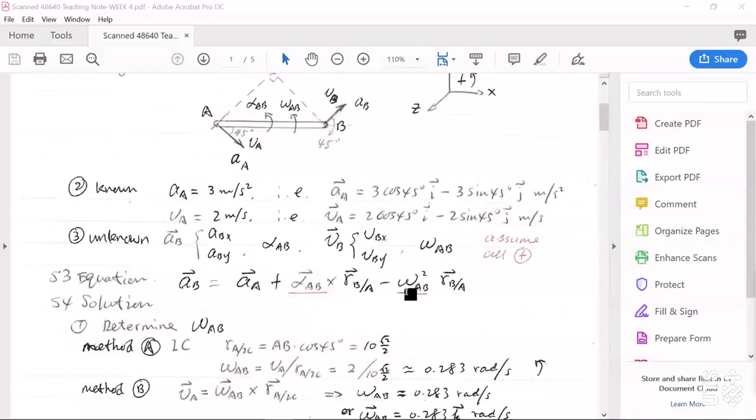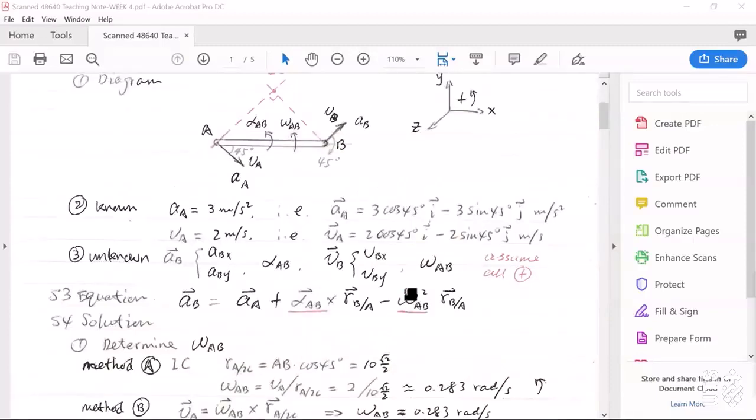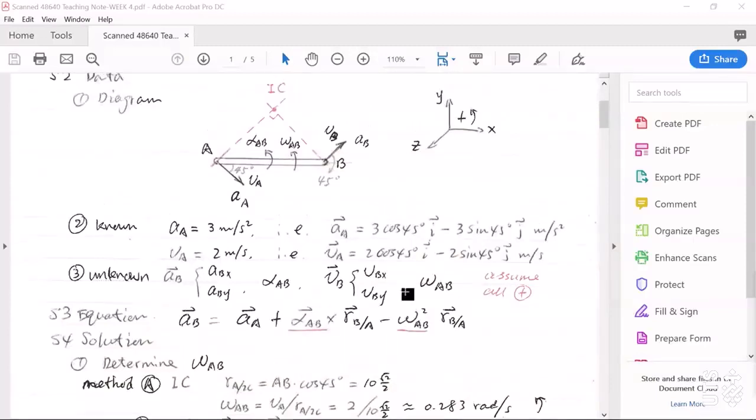Of course, you can use relative motion analysis of velocity, which we studied in week 2. But in week 3, we studied the IC method. As suggested, if it's possible for velocity analysis, we can always try the IC method first.